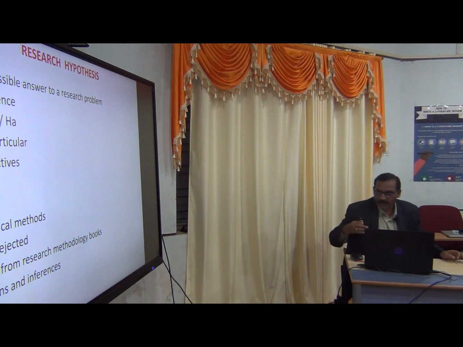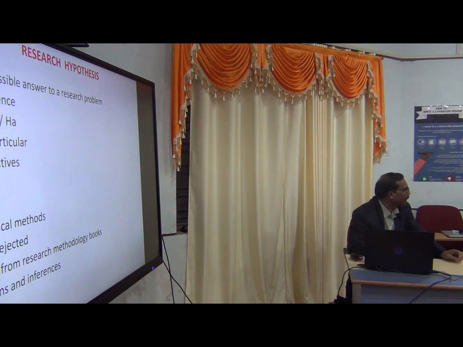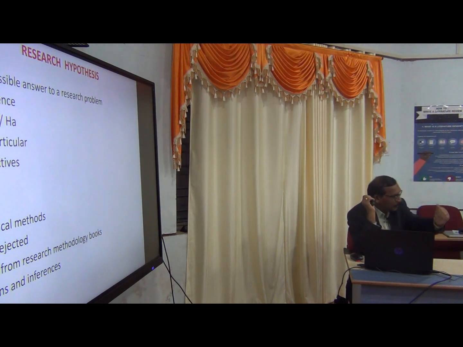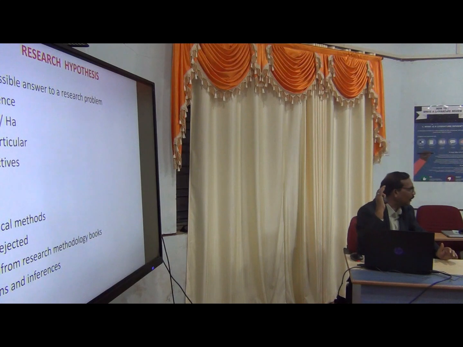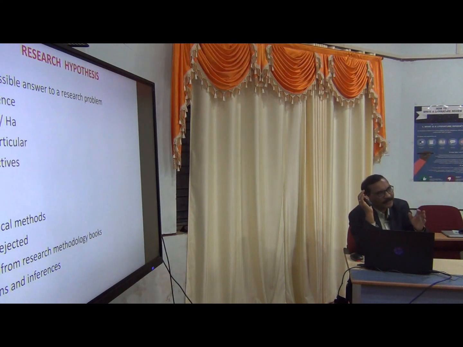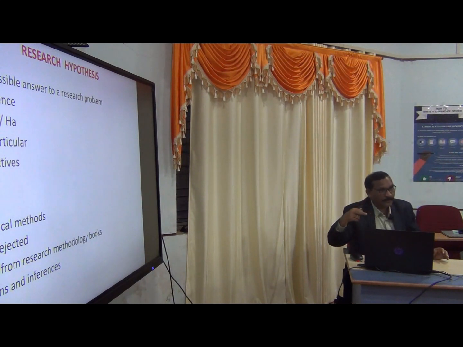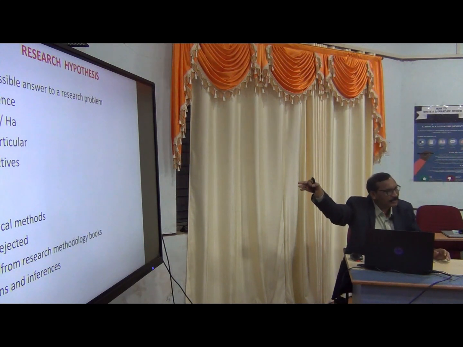While testing a hypothesis, we have to decide whether the hypothesis is accepted or rejected. And there is a thumb rule. The thumb rule is, when the calculated t-value is greater than the table t-value, reject H0, the null hypothesis, and accept the alternative hypothesis. Understanding? The table values of the t-statistic we get in the research methodology book.